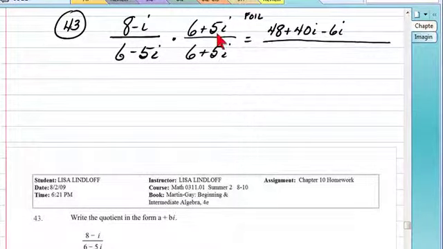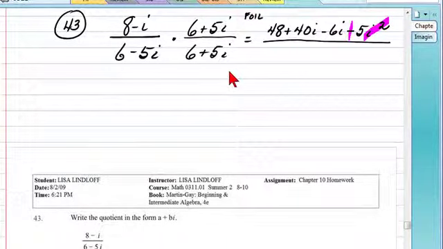I have negative i times 5i, which is negative 5i squared. And although I'm going to clean it up in just a minute, does everybody recognize that the i squared is going to go away and that's going to become plus? All right, and I'll finish taking care of that in a minute.